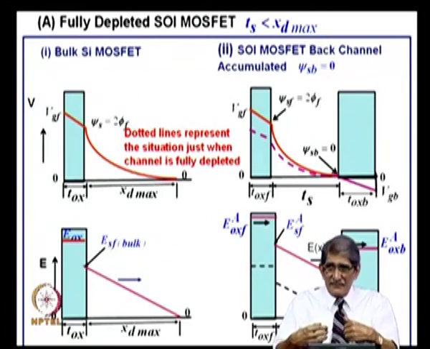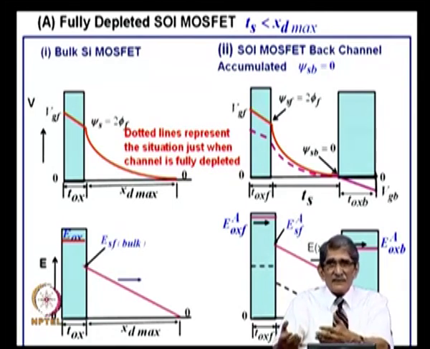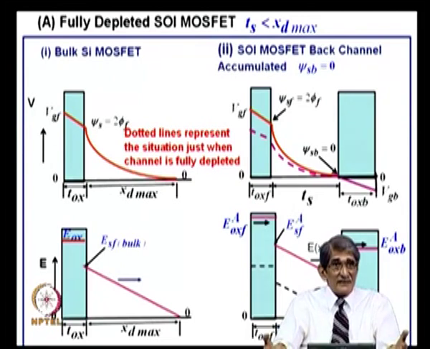If you take 25 millivolts, e to the power 25 millivolts by 25 millivolts is 2.27. So, if doping is 10 to the power 16, 10 to the power 16 into e to the power of 1, 2.27 times 10 to the power of 16. So, carrier concentration is very large there. At that voltage, the surface potential there is just a few millivolts, 25 millivolts.